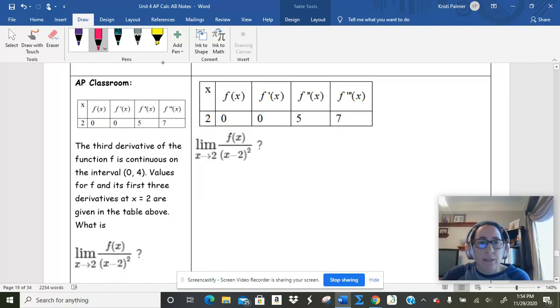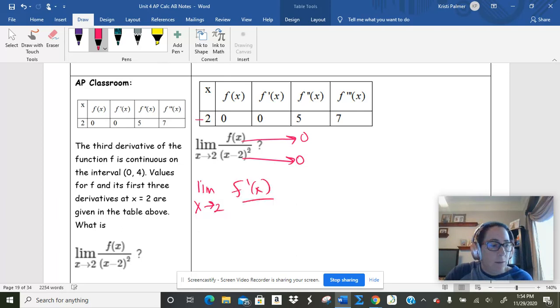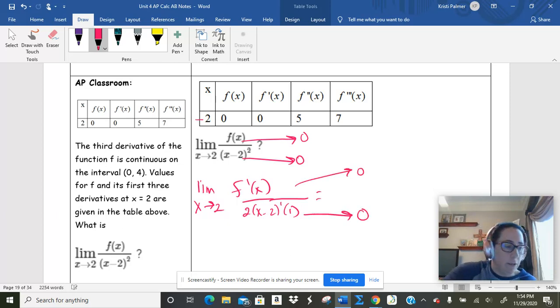Okay, next one. As I approach 2, f of x goes to 0. As I approach 2, 2 minus 2 is 0, squared is 0. So I get to L'Hopital. As I approach 2, f prime of x goes to 0, and down below I still have 0.